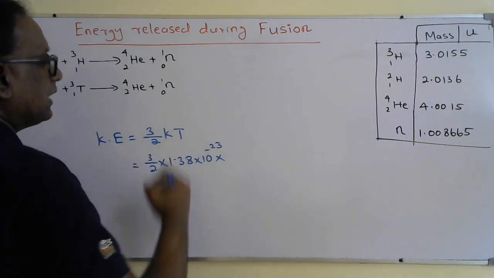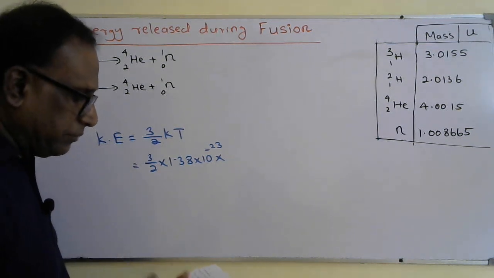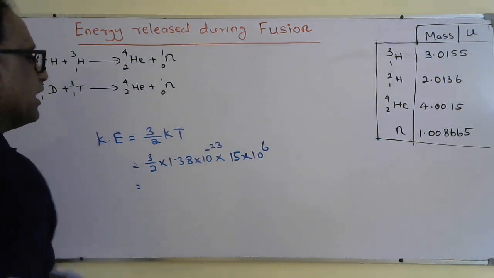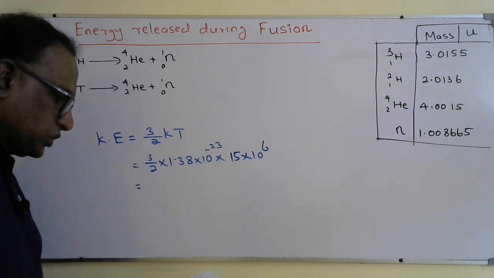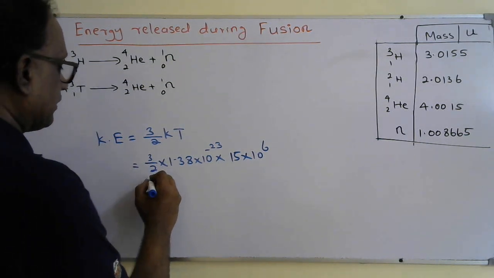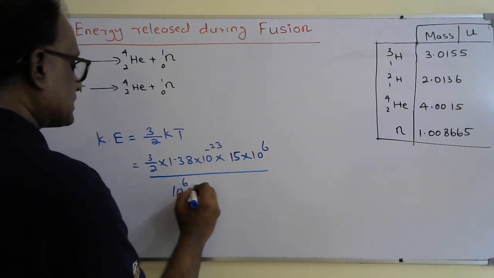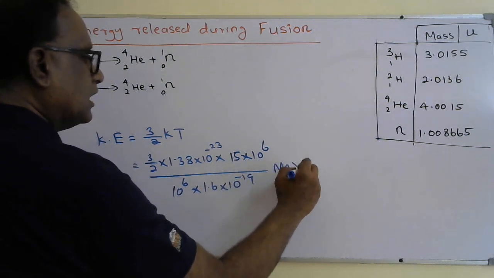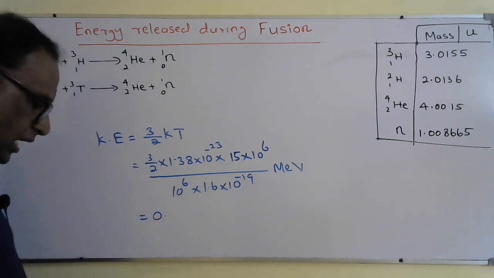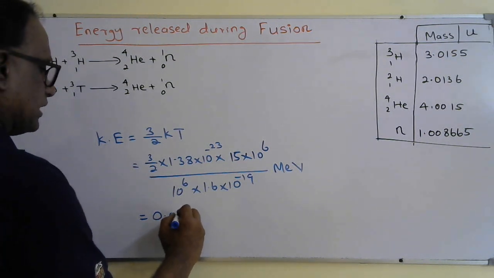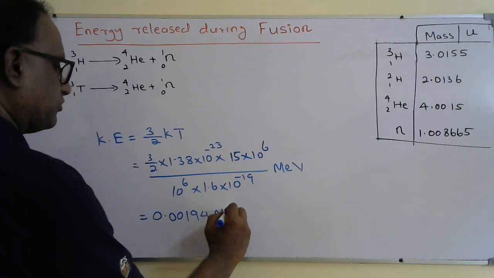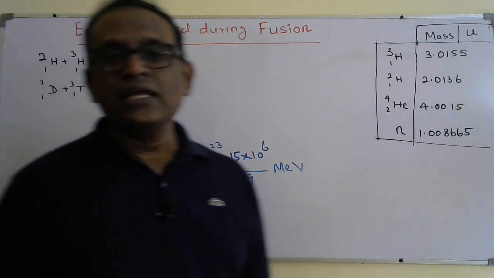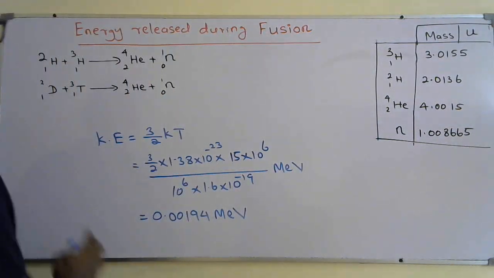Temperature, if I say 15 million Kelvin, is 15 into 10 to the power 6. To solve it, you will get it in joules. Converted directly to mega electron volt, divide by 10 to the power 6 into 1.6 times 10 to the power minus 19. So that will be equal to 0.00194 mega electron volt.